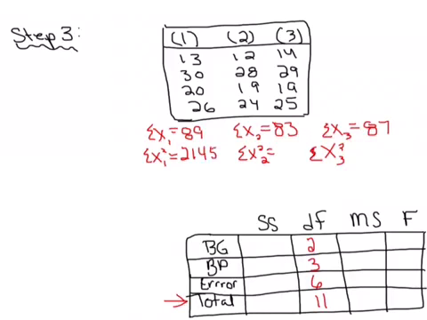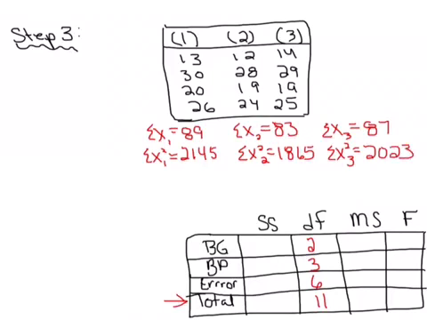I'm going to erase this and get some more room here, otherwise I'm going to run out of room. Sum of x squared for group 2 is 1,865. Sum of x squared for group 3, I've got 2,023.